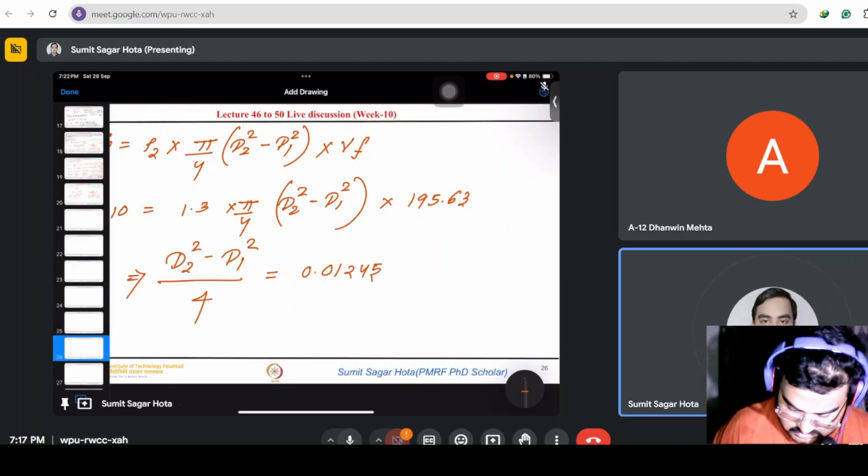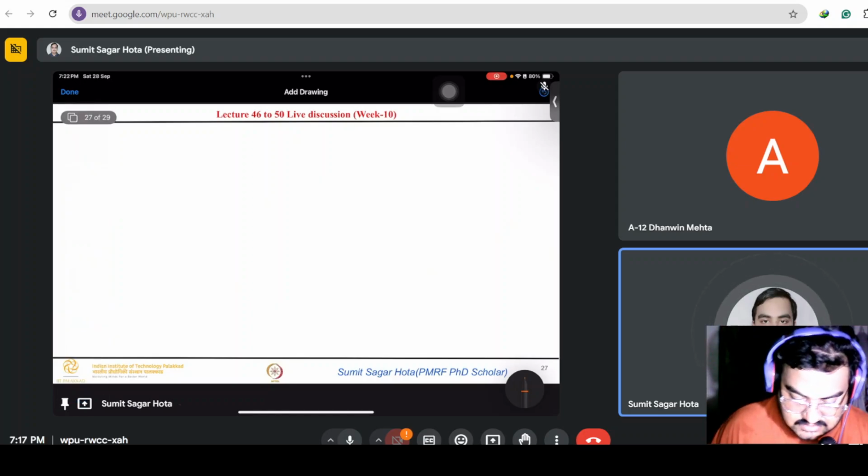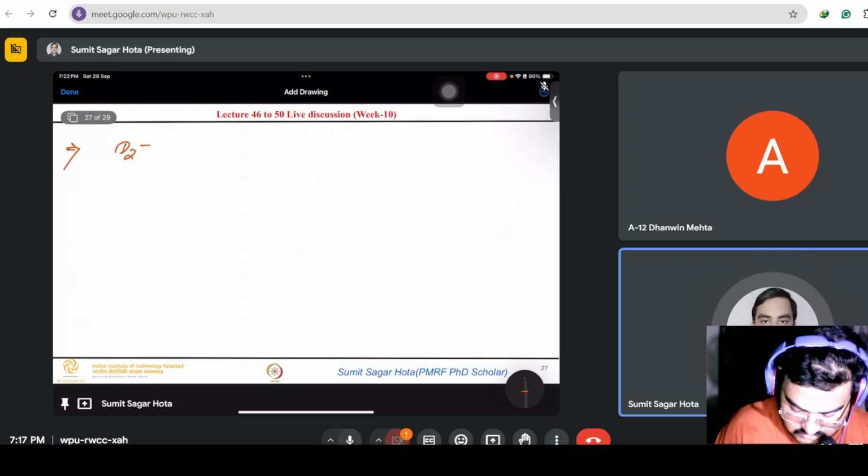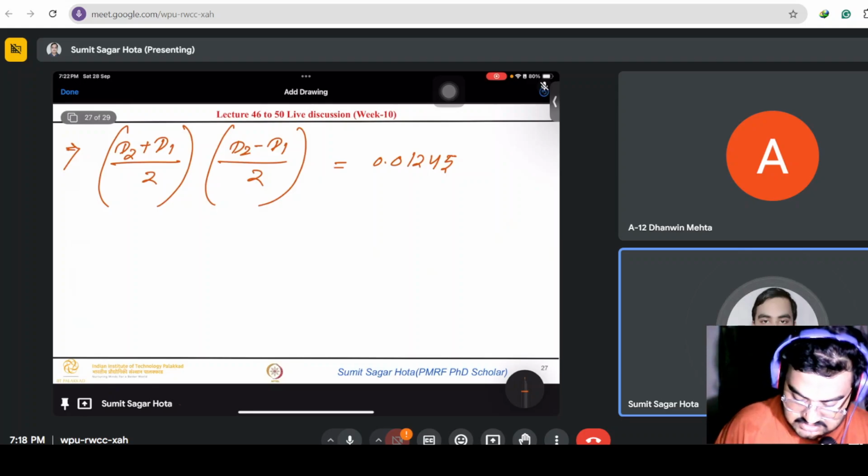What is d2 square minus d1 square? We can write it as d2 plus d1 by 2 into d2 minus d1 by 2, which is equal to 0.01245.